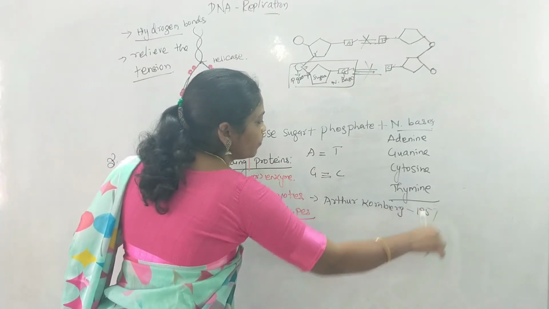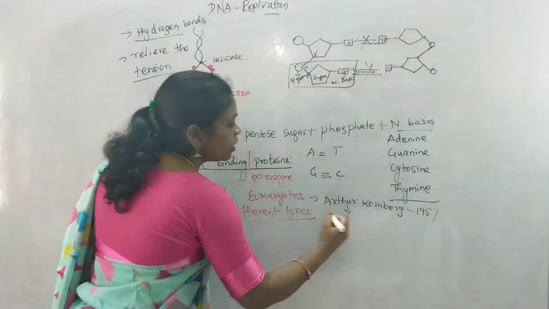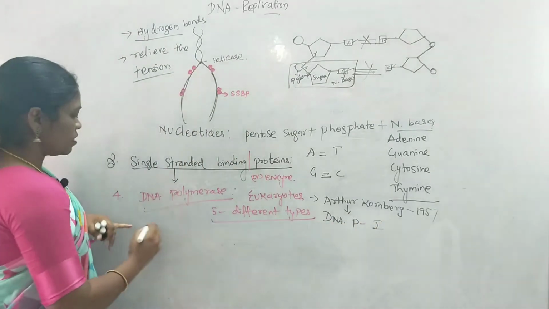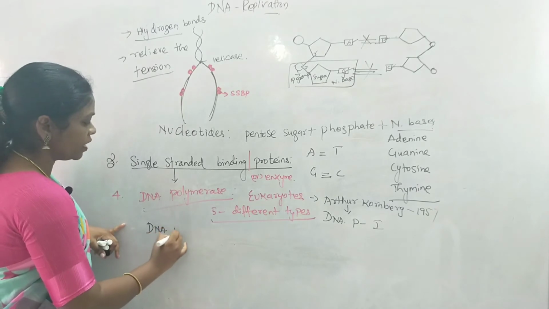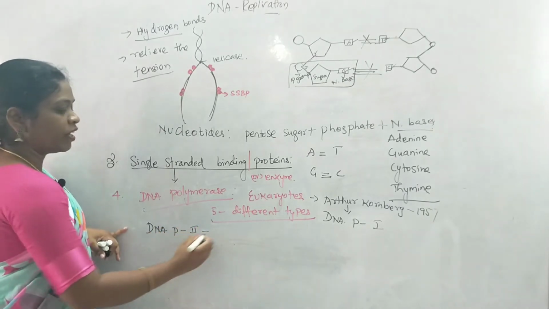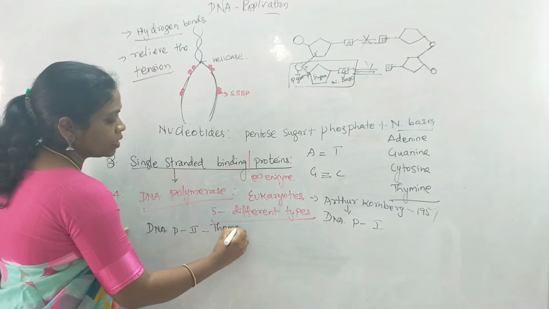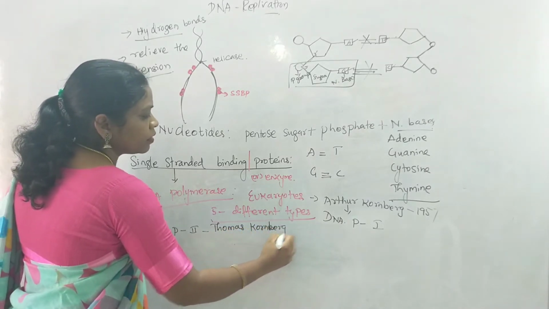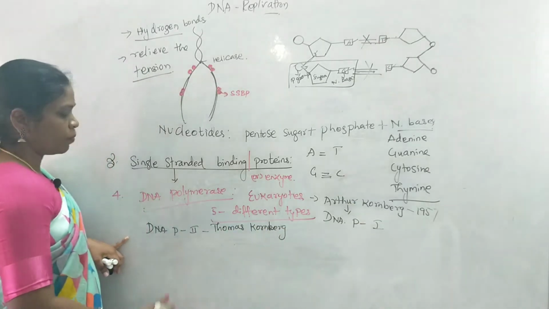Around the year 1957, he identified DNA polymerase 1. The next type, DNA polymerase 2, was identified by Thomas Kornberg, the son of Arthur Kornberg.